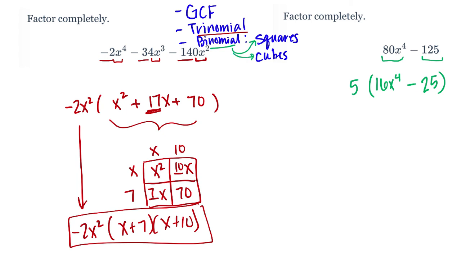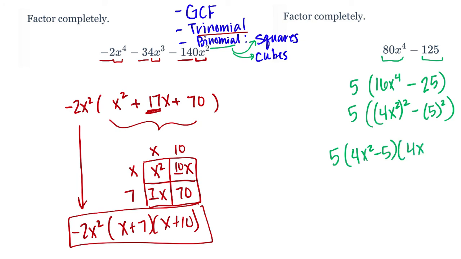Well, 16 is the same thing as 4 squared, and x to the fourth is x squared squared, and then this would be 5 squared. Okay, so that means I can just treat it like a difference of squares. So I would have 4x squared minus 5 and 4x squared plus 5. And this GCF just stays with my factored form.